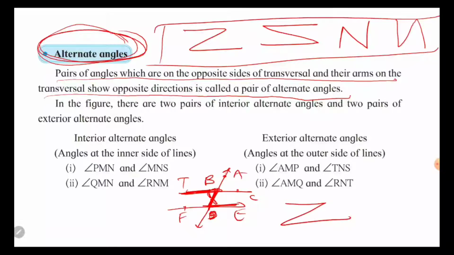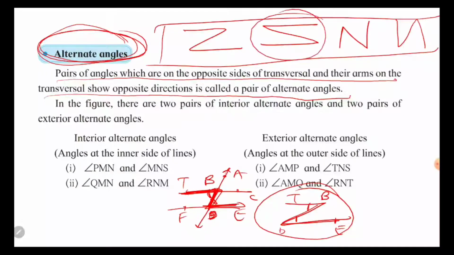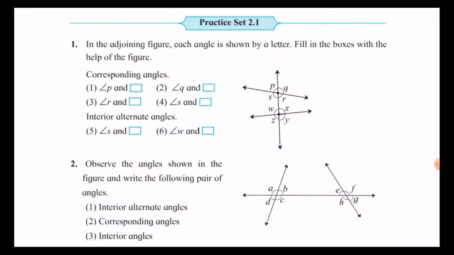Now I'll say that angle TBD and angle BDE, this angle and this angle, are called alternate angles. You can see that this is making a Z. As I said, this is also our Z, and this is also our Z, so we will do this also. So this angle and this angle will also be alternate angles. Again, when you get the question, you will understand it much better.